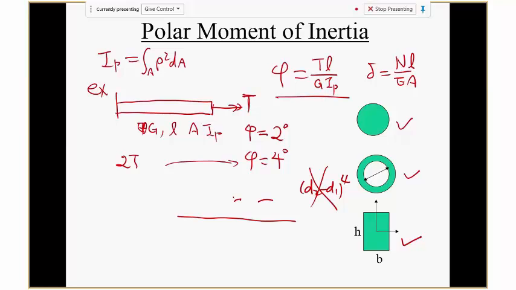Second question. If I apply T to the same bar, but now I changed the bar a little bit: I made the radius R half. How much angle am I going to get?